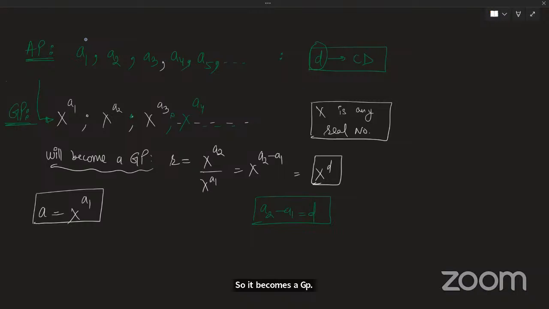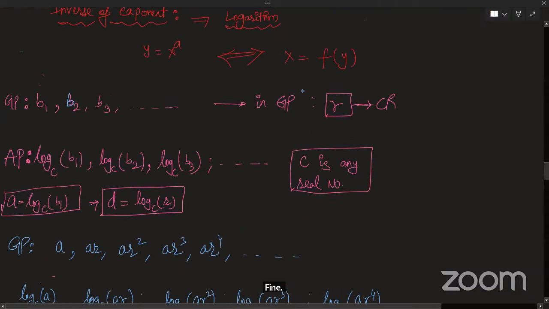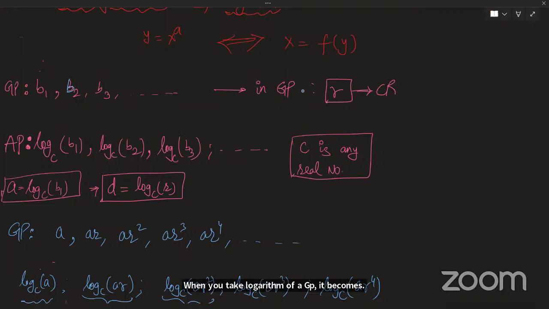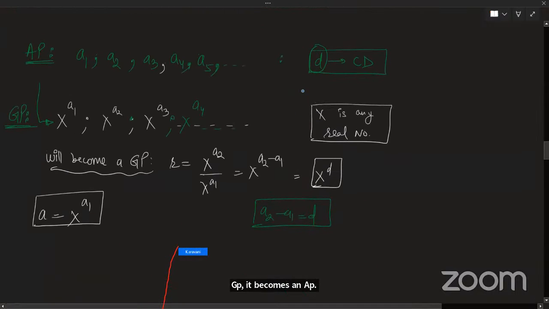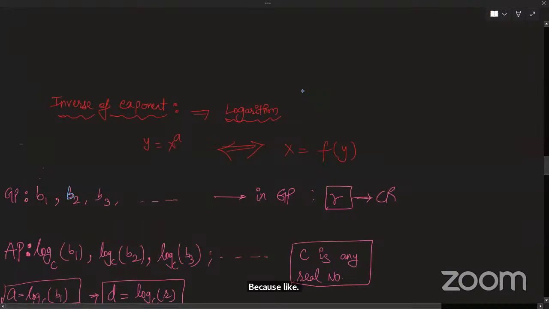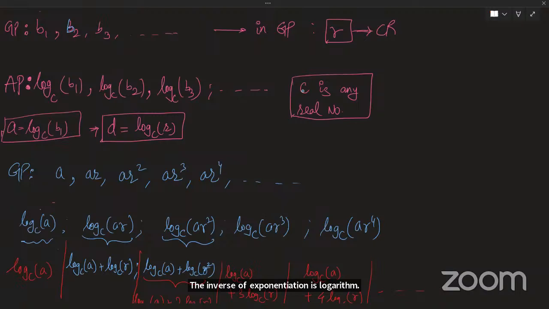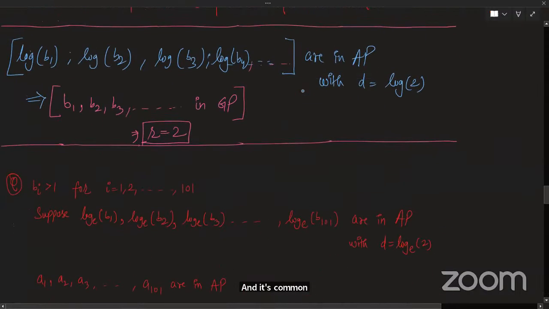And similarly, when you take the logarithm of a GP, what does it become? AP, sir. Correct. When you take the logarithm of a GP, it becomes an AP, because the inverse of exponentiation is logarithm, and its common difference becomes log of R. So that is what is happening here.